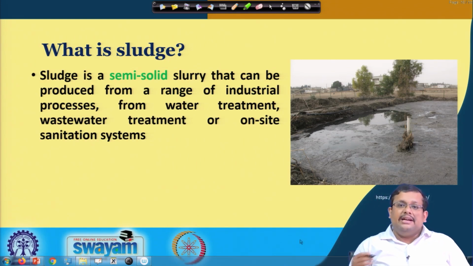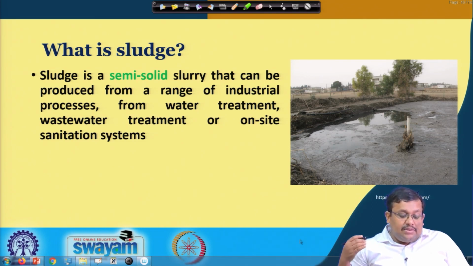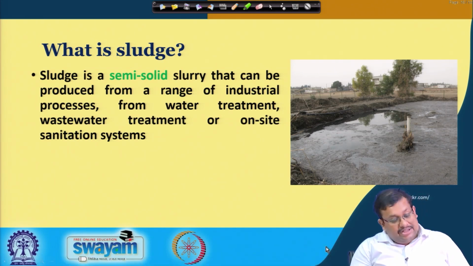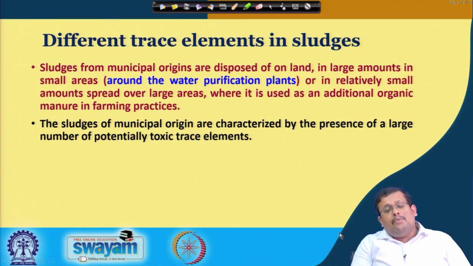So, obviously, the interaction of sludge with the soil system is very important and needs to be learned if we want to have a comprehensive idea about the pollutant and soil solution interaction. So, what are the different trace elements in the sludges?